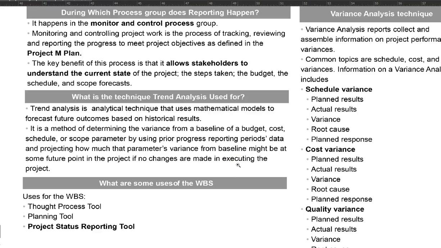So if everything remains the way it's going right now, we can calculate the trend at the pace we are going, at the cost we are going, at the scope we are going. We can calculate the trend using the earned value formulas and the forecasting formulas, and then we should be able to get a mathematical calculation of the forecast for future outcomes based on historical results.